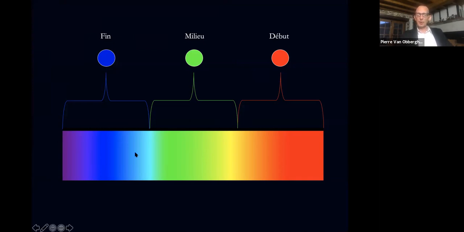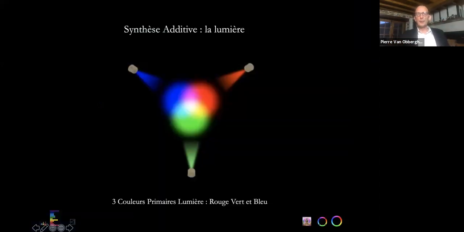To create all colors with light, you need red, which is at the beginning of the spectrum, green, which is right in the middle of the spectrum, and deep blue, which is almost at the end of the spectrum. Those are the three primary colors of light. By mixing them, you can create every color you want.